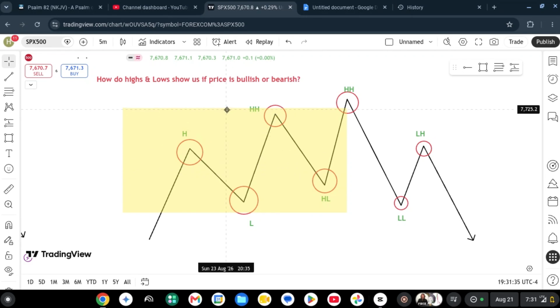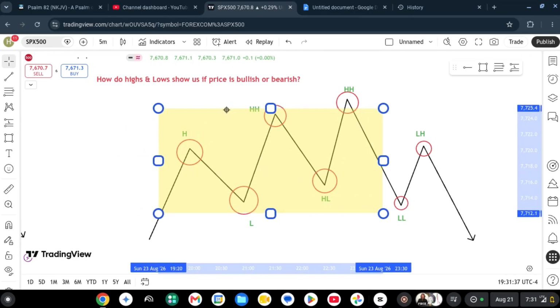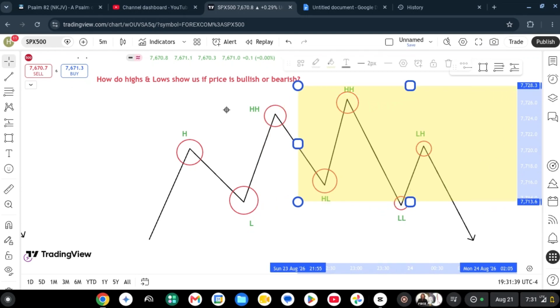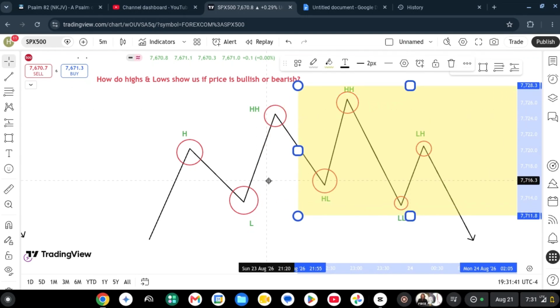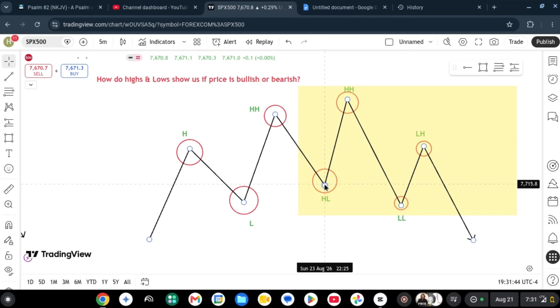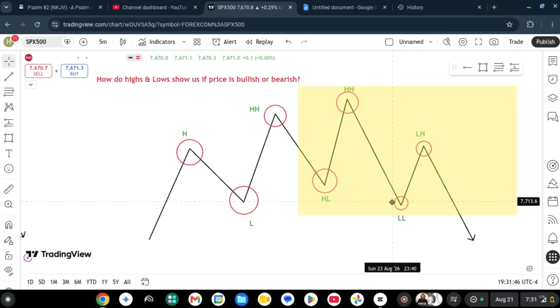Vice versa, on the other side, when price creates a low, a high, and a lower low, this is bearish market structure, meaning we're going down. So this is how highs and lows show us if we're bullish or bearish.